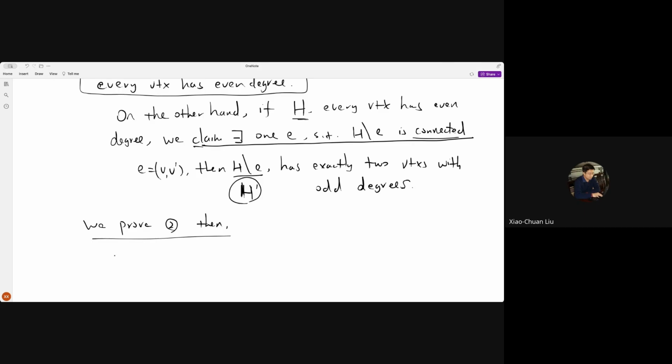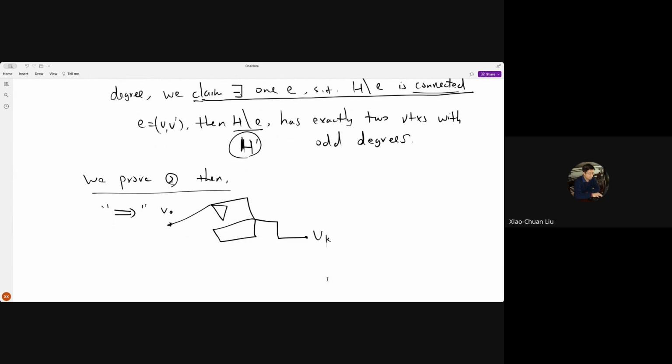Okay. So to prove two, we have two directions. The first direction is obvious, because if you have an Euler trail, you start, you don't know what happened during the whole process, and you end at another place, like I explained. You have this guy and this guy, so V0 is not equal to Vk. The degree of V0 and the degree of Vk have to be odd, not necessarily 1.